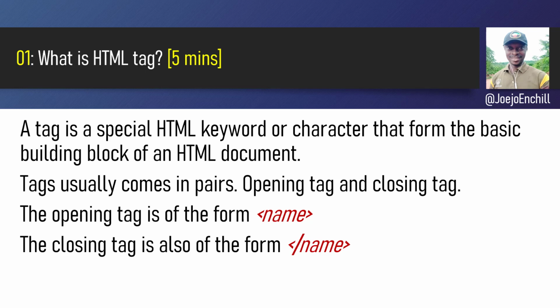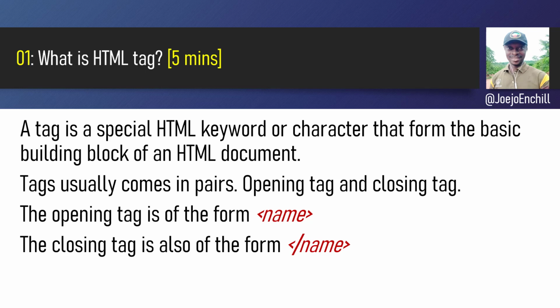Mostly, these keywords are surrounded by left and right angle brackets. That is HTML's way of building its document. The special word that is surrounded by left and right angle brackets is what we refer to as an HTML tag.